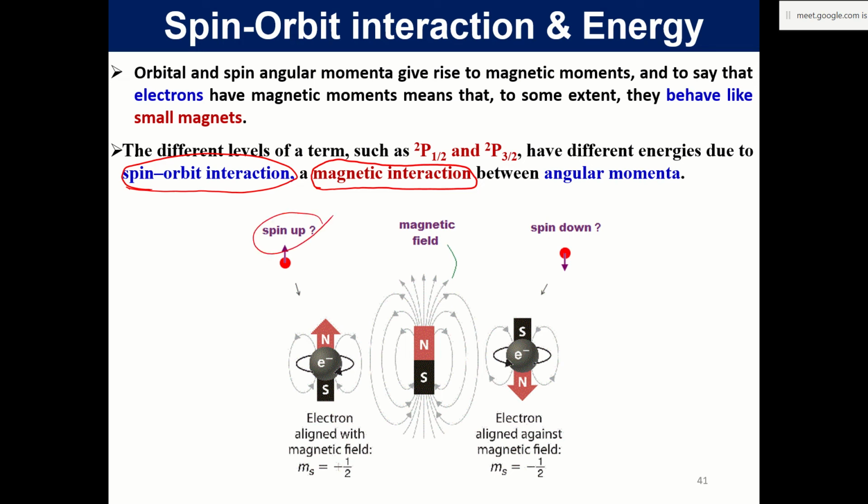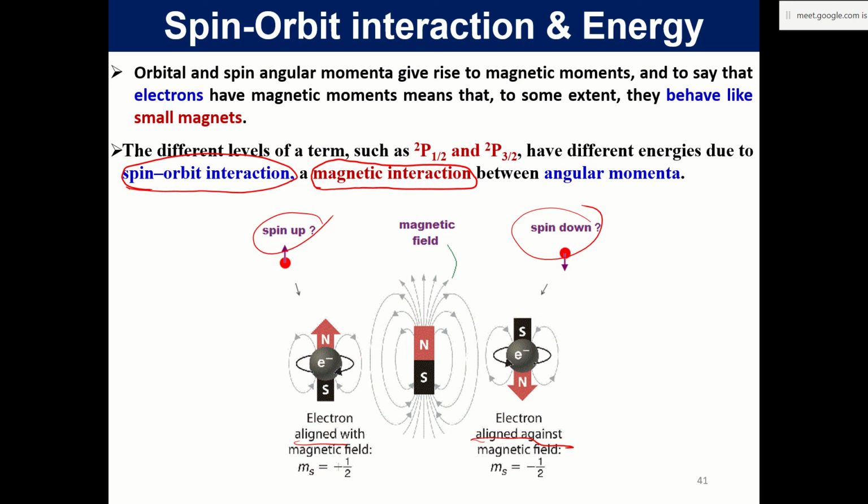So spin up, spin down, in the magnetic field, aligned with the field or opposed to the field, you can have two types of orientation, so energy can change. This is the basic idea of spin-orbit coupling, how the interaction takes place.